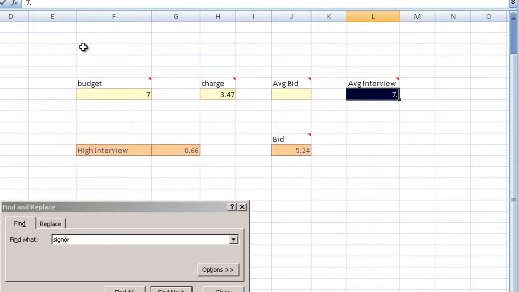So that's another reason why it's important to consider average interview amount.